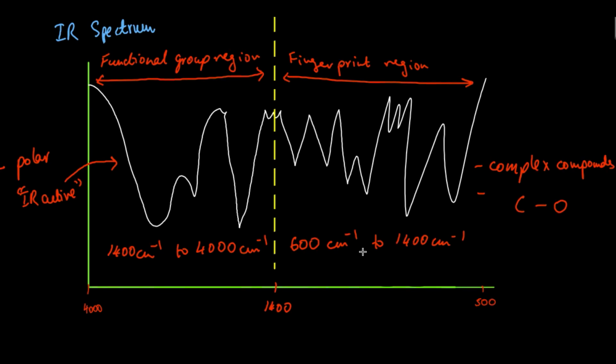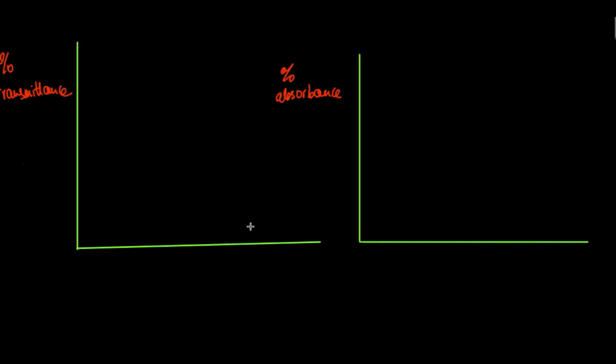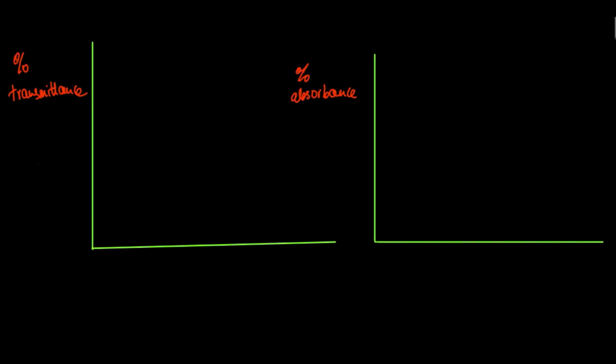Now, basically, after having studied this IR spectrum, we have to study the graphs that can come in the exam. Okay, now this is one type of the graph that can come in the exam. They can either have the x-axis labeled as wave numbers.